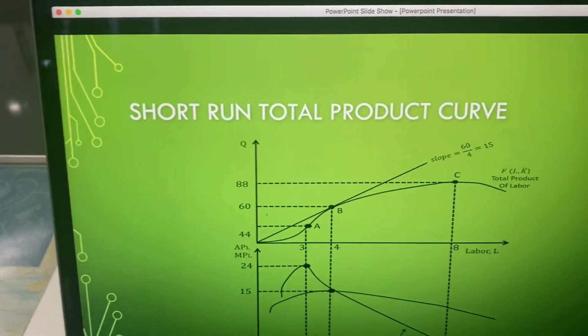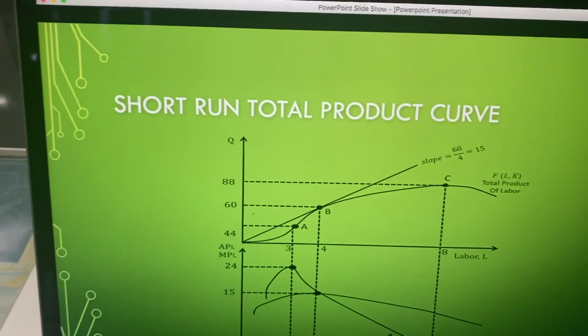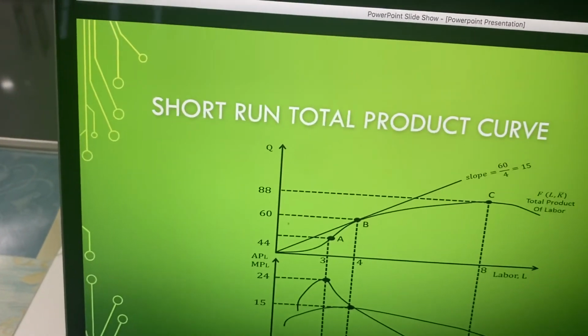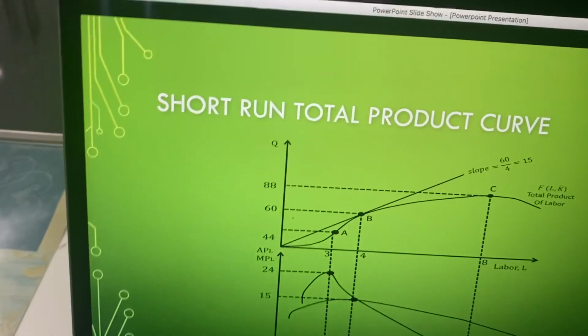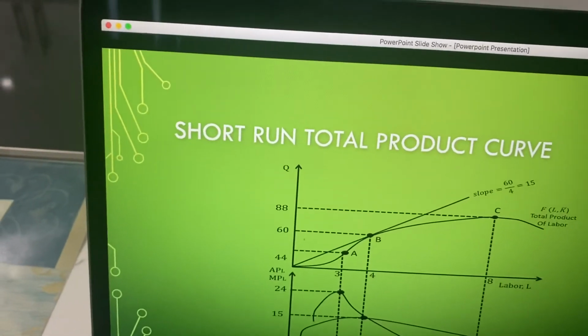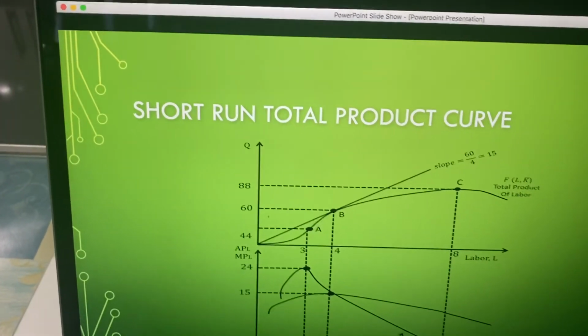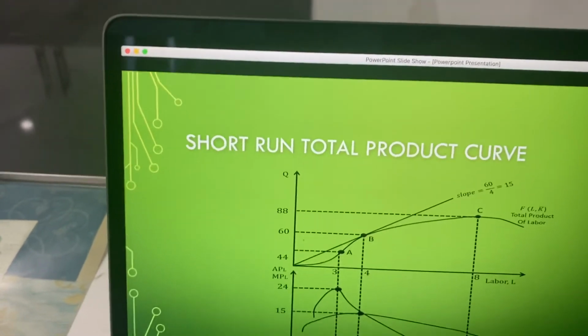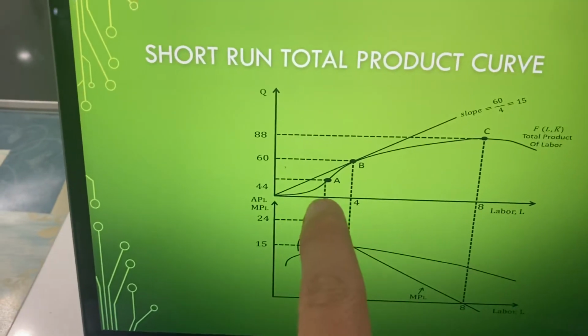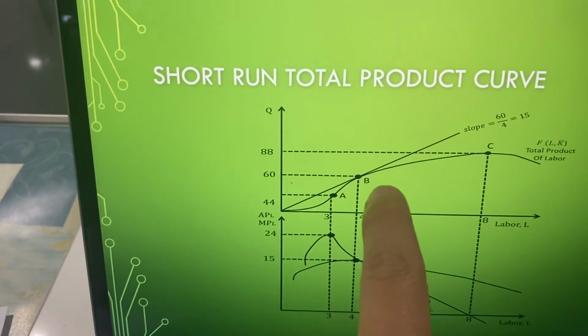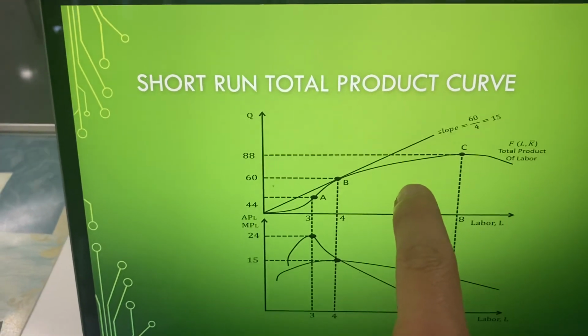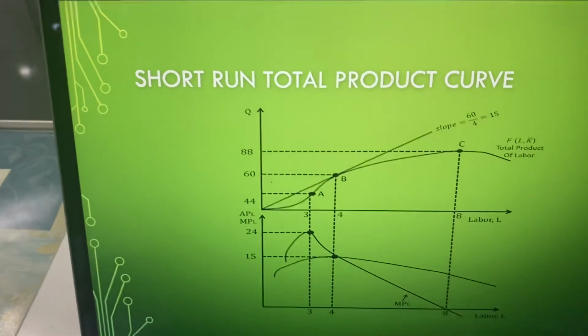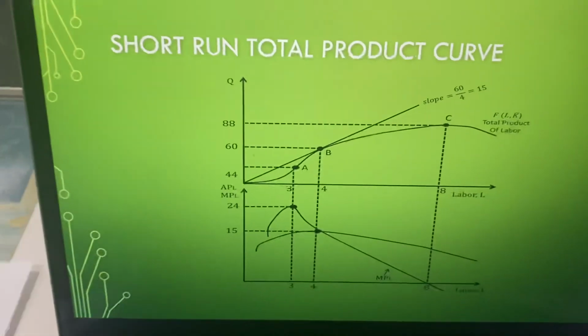It basically states that if a firm increases one input and the other inputs are kept constant, then the marginal product of that input will start to get smaller. So that's what we see here. When we're going from A to B, we see an increase, and then we still see an increase, but a steady decrease in our increases. And that's it.